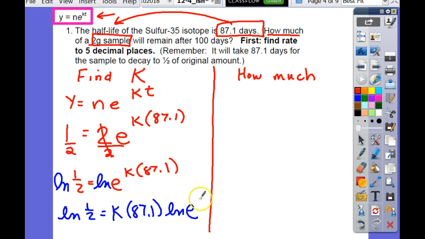As we were doing in our problems before, this is equal to 1. It explains that a little bit more on the front page of your notes. This is equal to 1, so what is 1 times 87.1? It would still be 87.1. So I divide both sides by 87.1 to cancel that out.